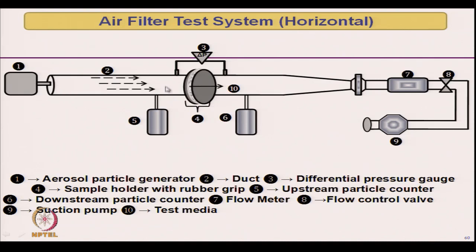Here 3 is the differential pressure gauge, which will measure the pressure difference, and 4 is the sample holder with rubber grip.